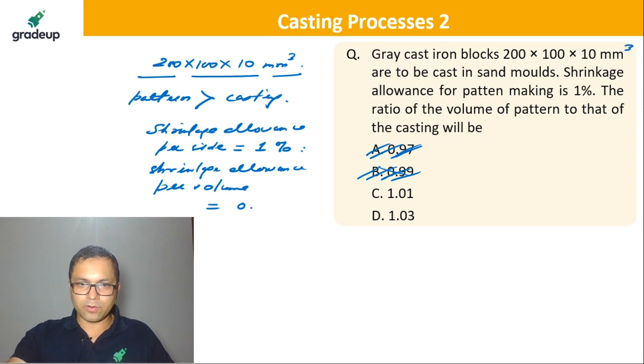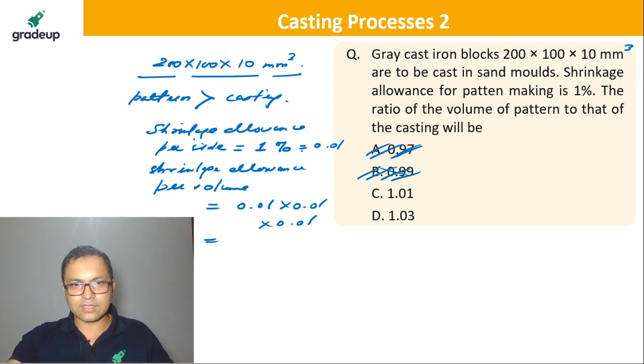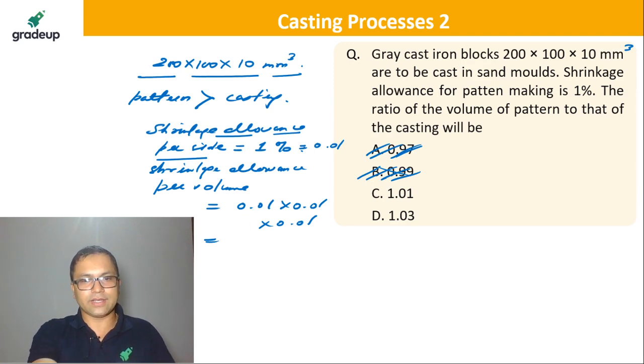That should be 0.01 into 0.01 into 0.01, right? Because this is per side that is given to us. That is 1%. So how much are we going to get?